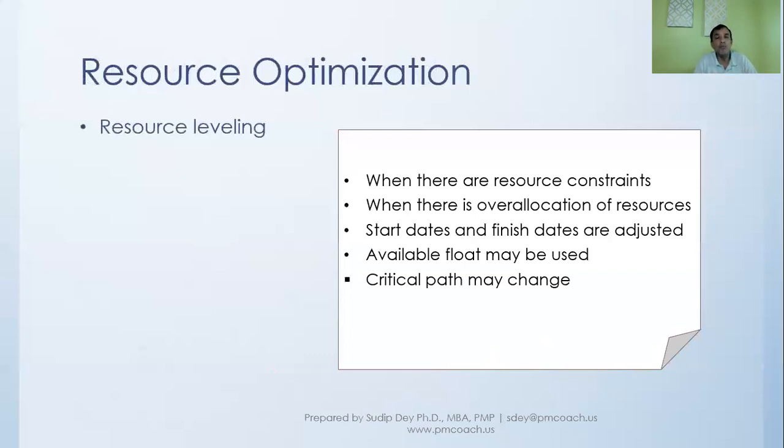In other words, when we are drawing the schedule, we might find that one particular resource has been allocated, because each of the resources will do different types of work.